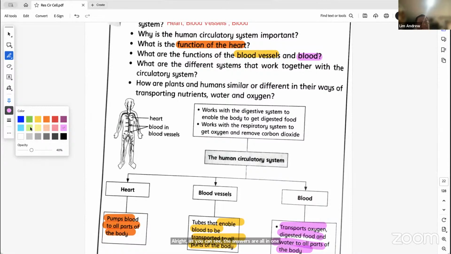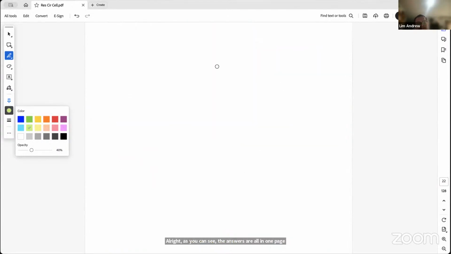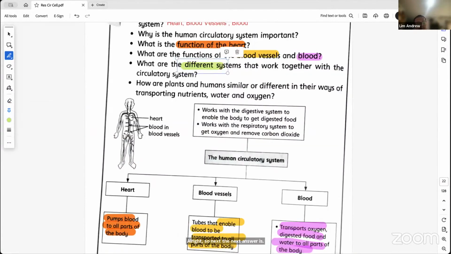So the next question is, how do different systems work together? So all these systems work together with this system here. Once you write down all these in green, you have answered the question. Without further ado, let us carry on to the next page.